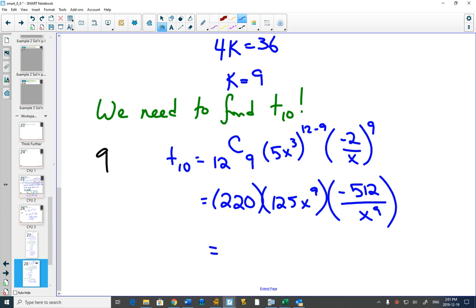Notice your x to the 9s all cancel out. And when we multiply this all out, we get a number without any x's. That makes it a constant term.